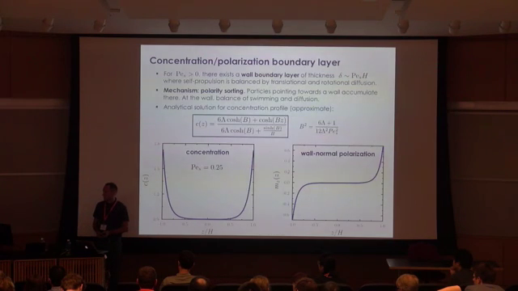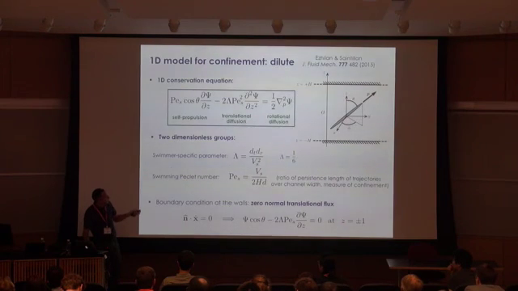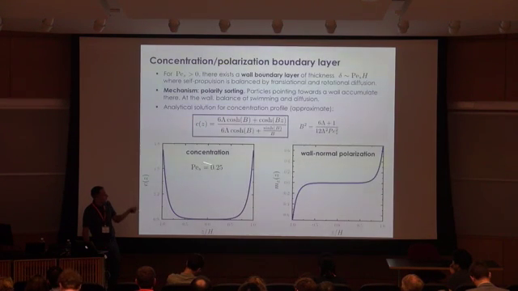That's right, so you don't get this. The Péclet number here that I'm using as a measure of confinement involves the rotational diffusivity. And if the Péclet number becomes very large, the two boundary layers merge and you get a uniform profile. So essentially, you no longer get accumulation.